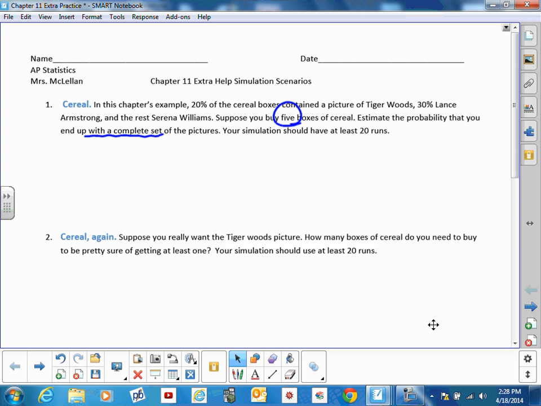Now, last question before we move on. The probabilities of this are 20% for the Tiger Woods, 30% for the Lance Armstrong, and the rest are Serena, which is 50%. So my question is, how do you think that this can be accommodated? Do I need to have 2 digits since we're talking 20% and so on? Or what's the simplest way we can represent these probabilities? Can we just simplify this to one-digit numbers representing a box?